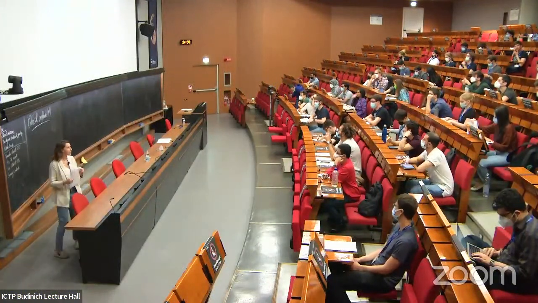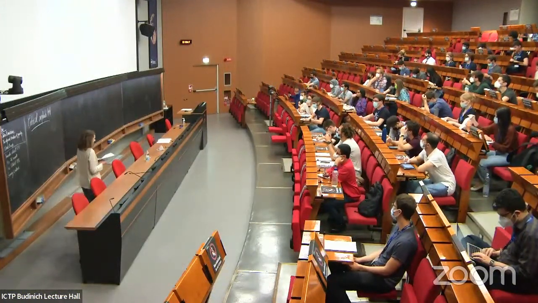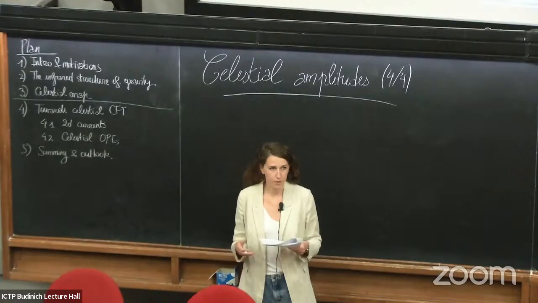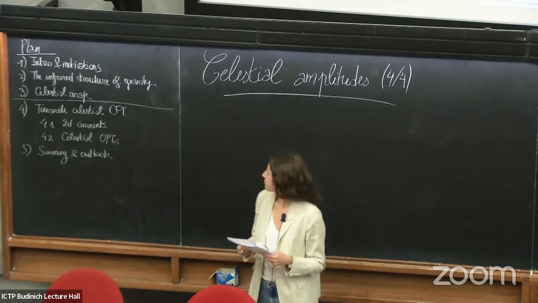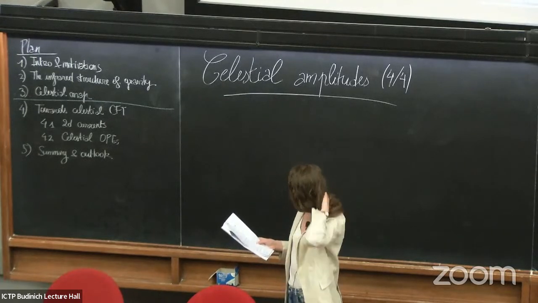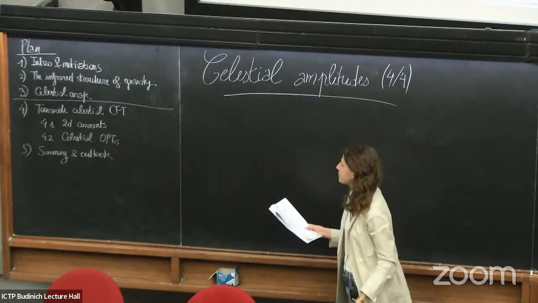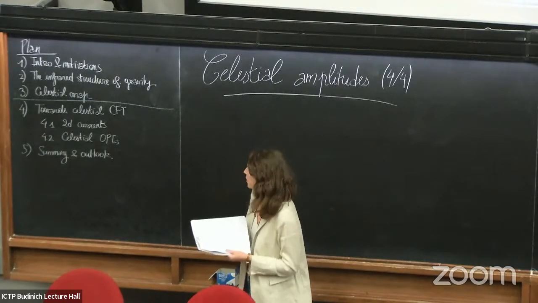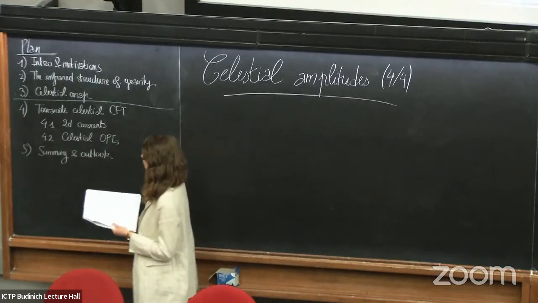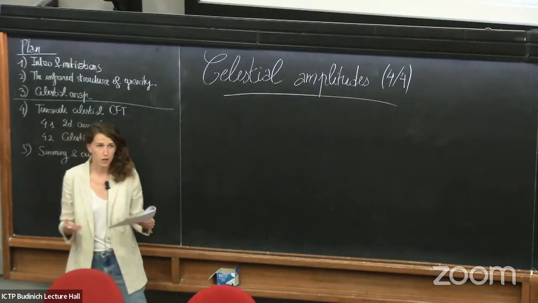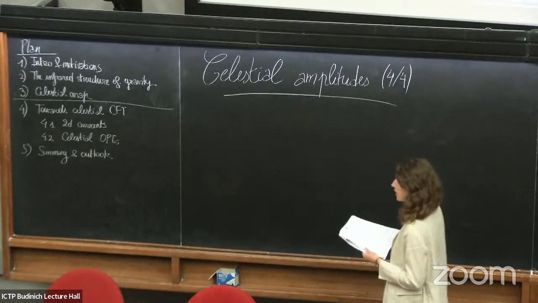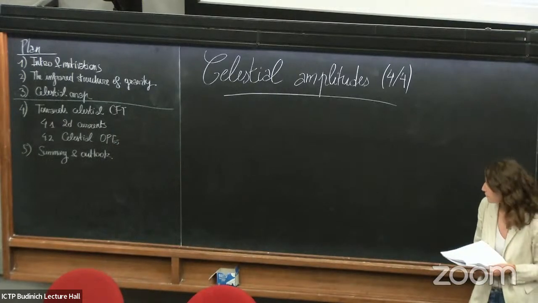All right, good afternoon. Thanks for coming to this last lecture on this topic of celestial holography and celestial amplitudes. So today, the plan is, now that we have introduced all that we needed to talk about celestial amplitudes, to show you how there are real two-dimensional currents that appear in celestial conformal field theory.